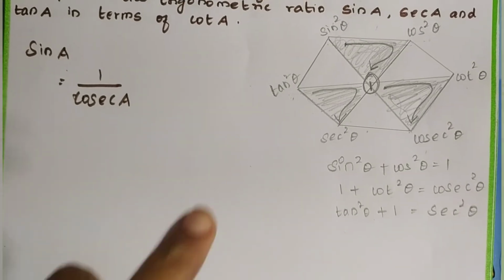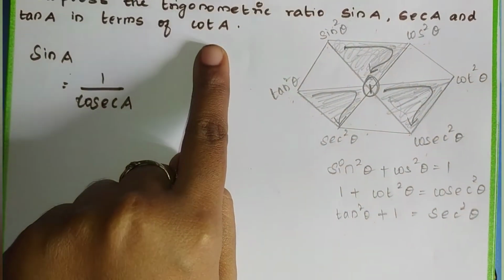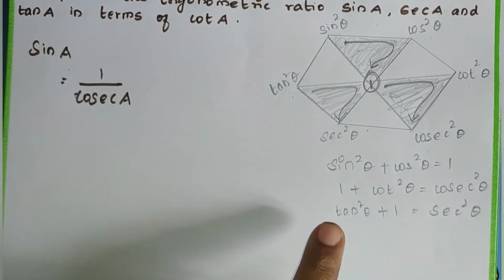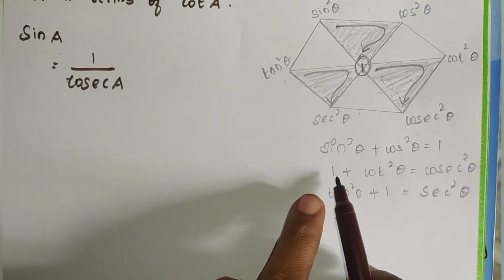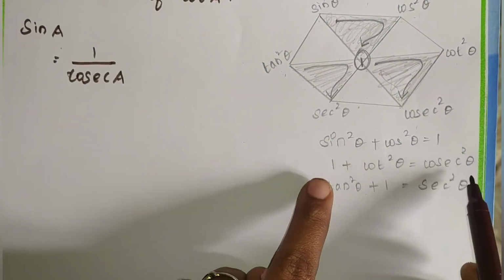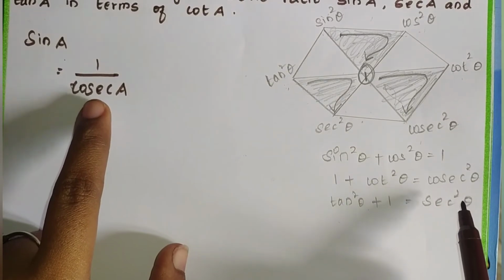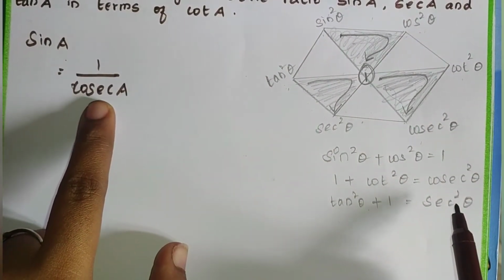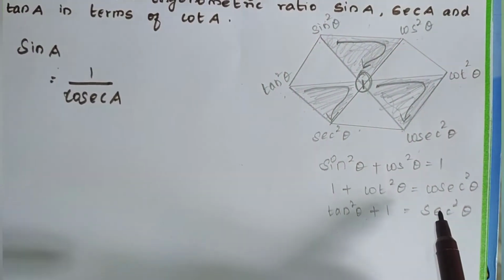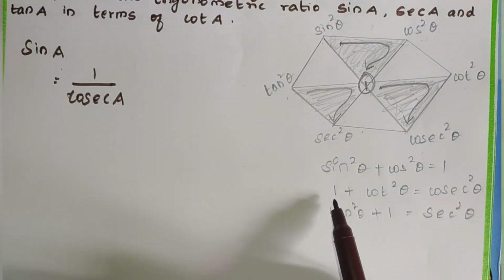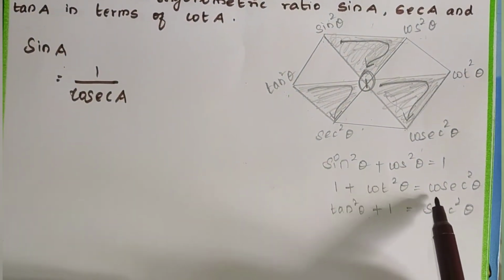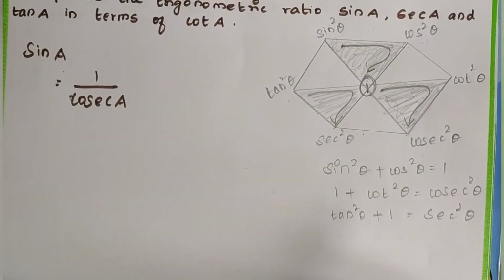Then we have to convert in terms of cot. What formula can we choose here? The relationship between cosecant and cot: 1 plus cot square theta is equal to cosecant square theta.